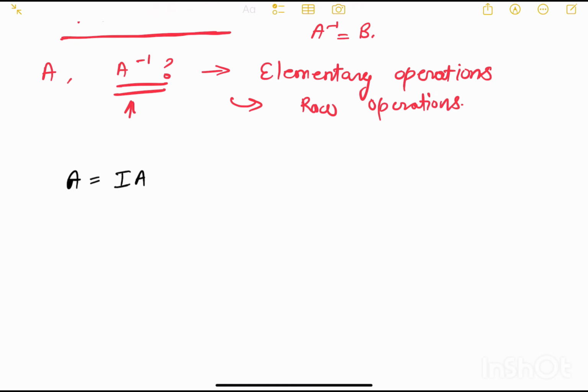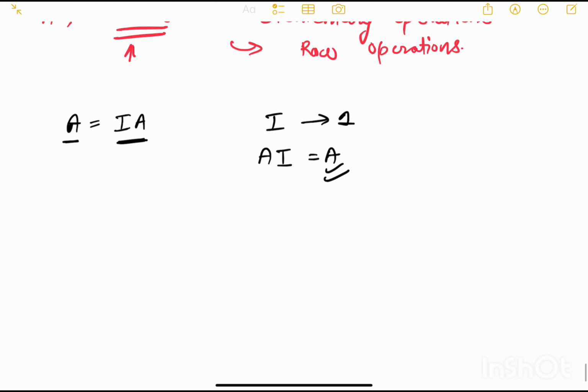We know that this relation is valid, in terms of like I can write any matrix A as a product of the identity and the matrix itself, because the identity matrix plays the role of one in real numbers. So if I multiply my matrix with the identity matrix, it will in turn give me back my matrix A. We will just use this relation in such a way to find the inverse of my matrix. How?